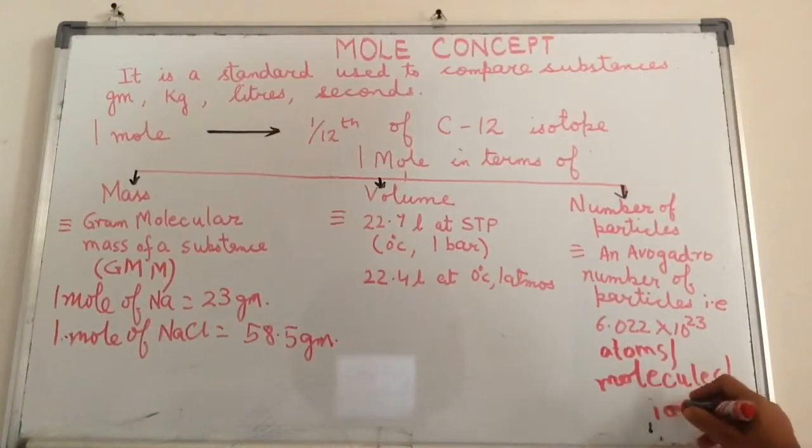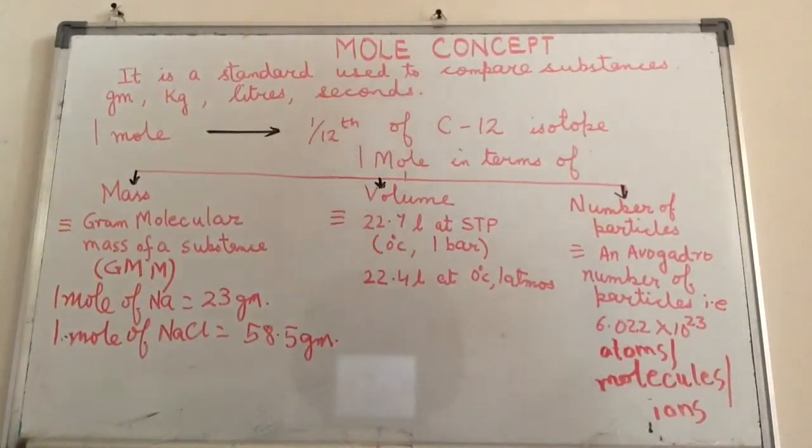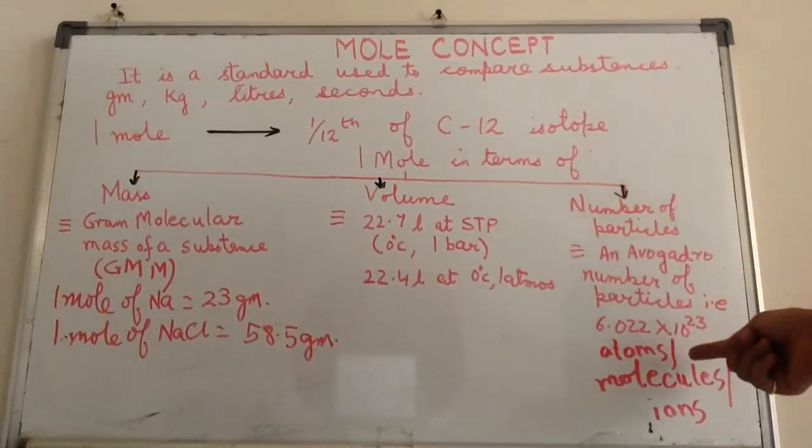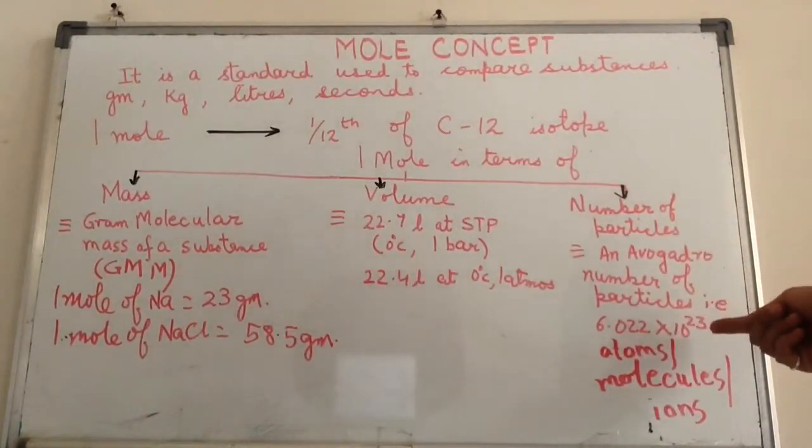We shall be talking about ions a little later. So they can be atoms, molecules, ions. As long as it says an Avogadro number, the value is 6.022 into 10 to the power 23 particles.